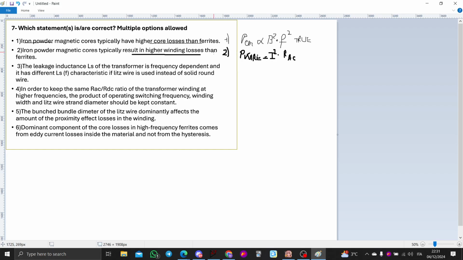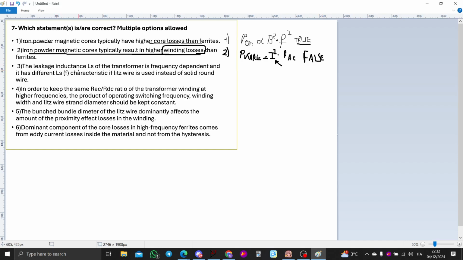So they are not influenced by the type of the core. Winding losses depend on I squared, so it's not accurate to say that the core type results in higher winding losses. So the first is true, but this is false.